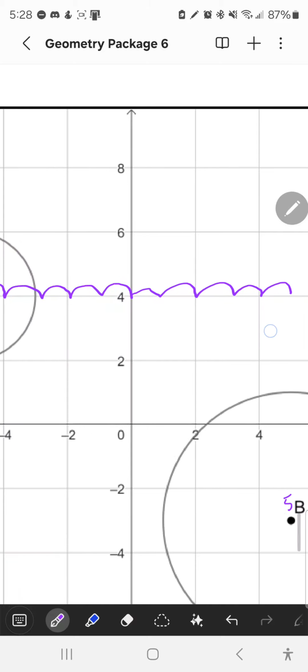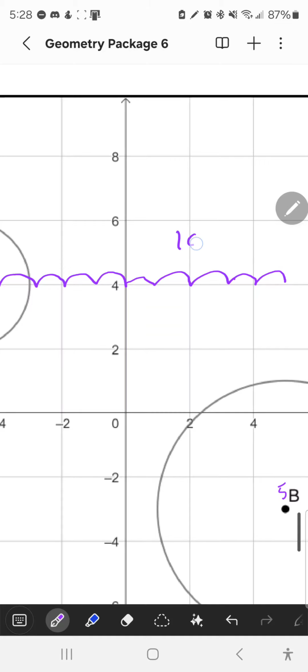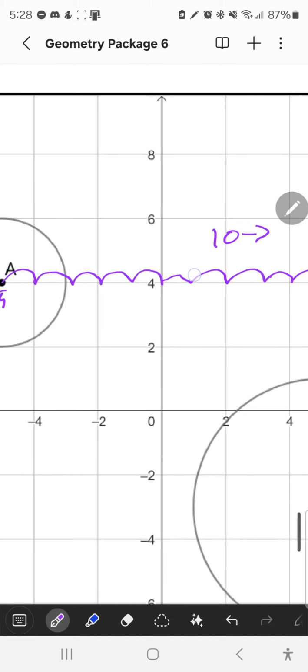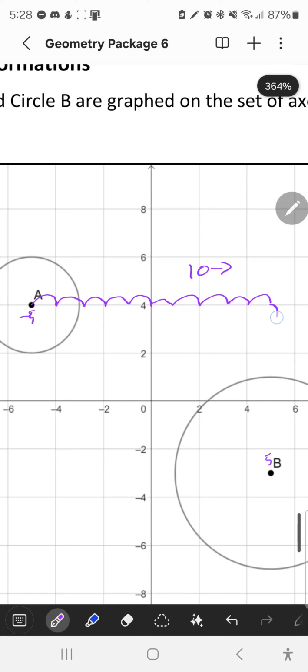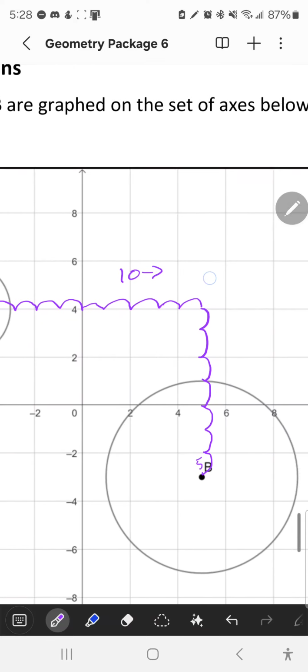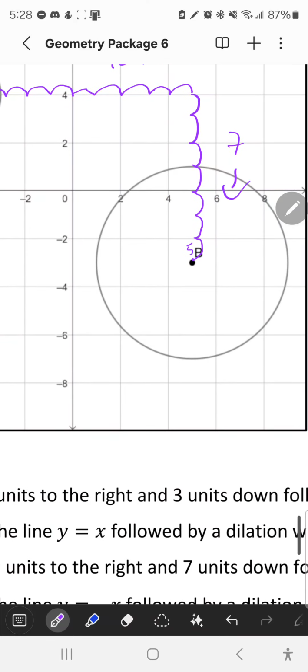So it's 5. And it is going 1, 2, 3, 4, 5, 6, 7, 8, 9, 10 to the right. And then it is going 1, 2, 3, 4, 5, 6, 7 down. So first 10 to the right, 7 down.